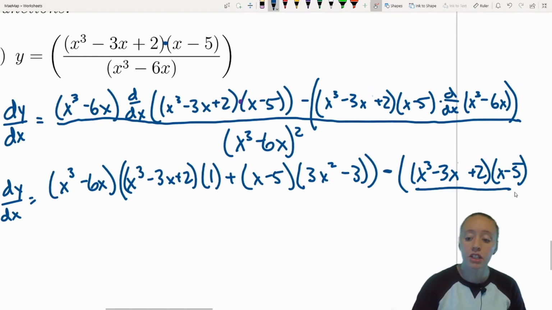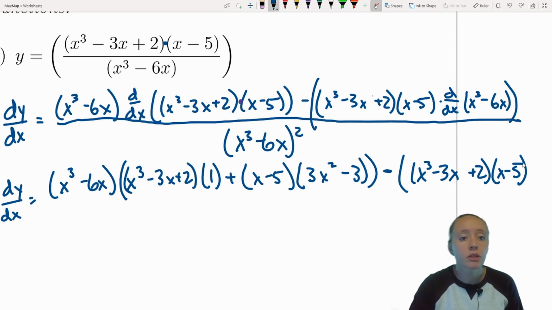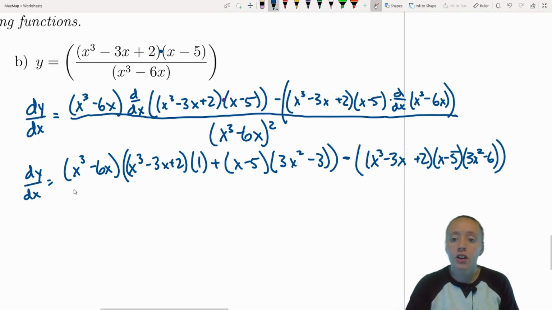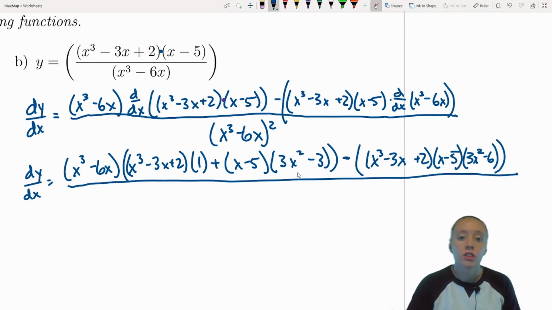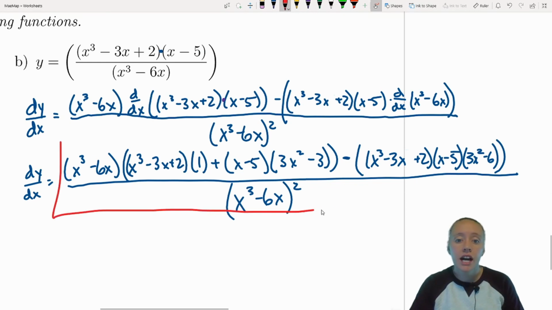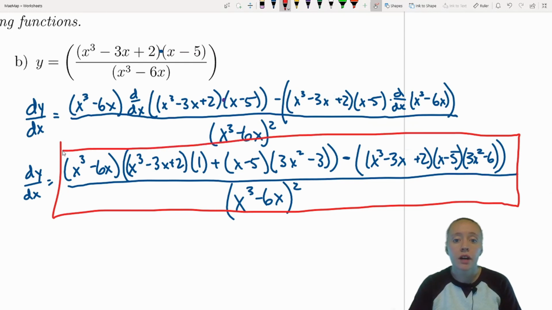Here's my higher function, times the derivative of my lower function, which, the derivative of x cubed minus 6x, is going to be 3x squared minus 6. And that's all over low squared. X cubed minus 6x, that entire quantity squared. And that is my derivative. Low d high minus high d low, all over low squared.